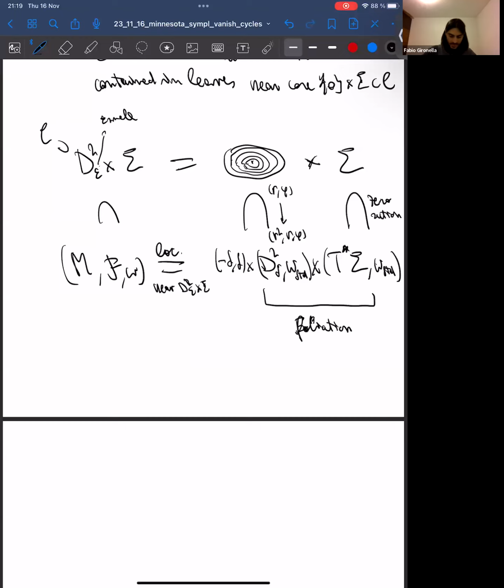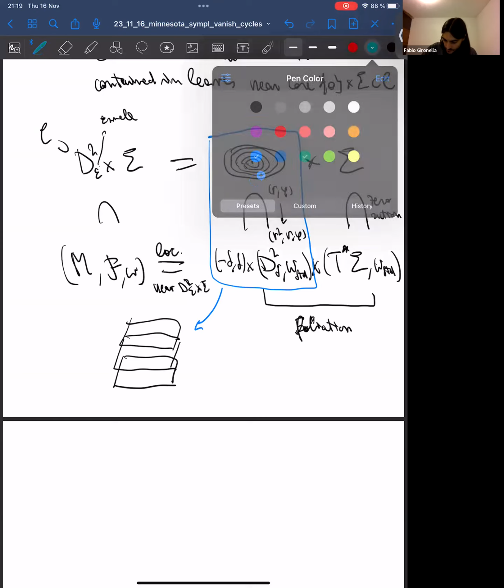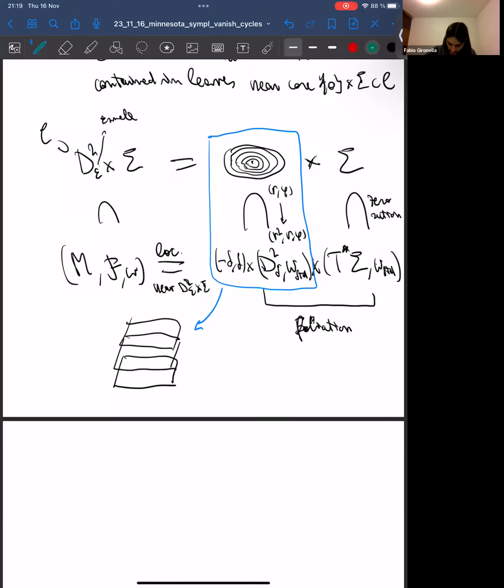So let me just draw the three-dimensional situation here, forgetting about the other factor, because the other one is just an additional factor. This picture looks as follows. We have the leaves, which are disks like this, stacked one on top of the other. And then this embedding of the vanishing cycle looks like this.